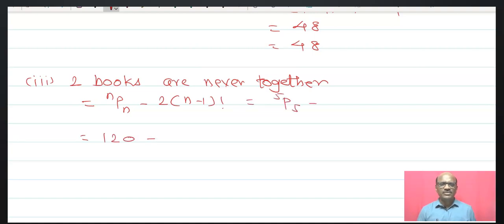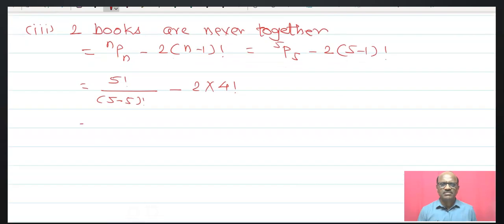By using this formula, we can find it out. That is 5P5, that is all types of arrangement, and when the two books are always together, that is 2 (n minus 1) factorial. If you subtract it, then you will get the answer of this problem.